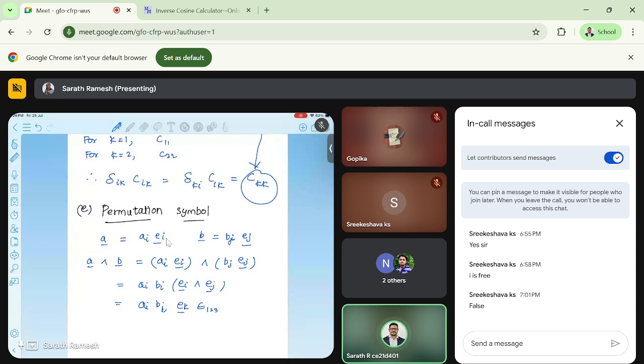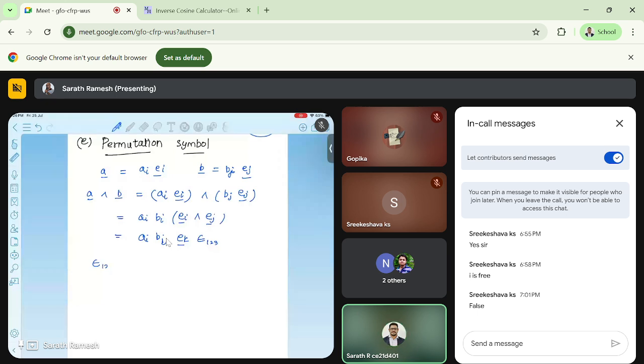Fine. So what is the meaning of this? Epsilon ijk is equal to 1 if ijk is coming in this cyclic direction, like epsilon 1, 2, 3 or 2, 3, 1, or 3, 1, 2.